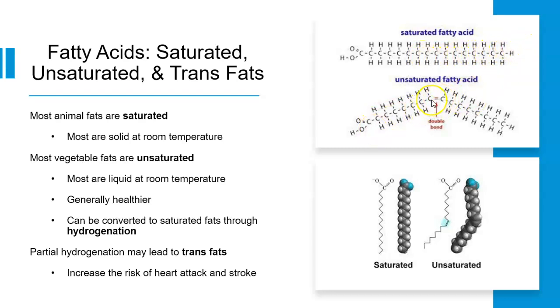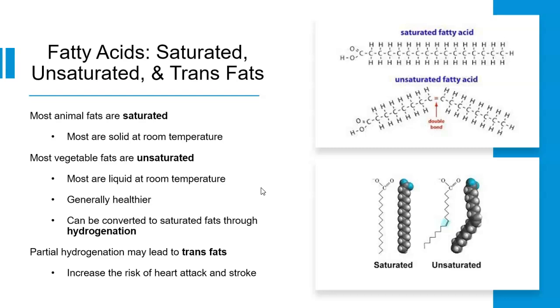Instead, it's going to put a little bit of a kink in the chain, and therefore your unsaturated fats can't pile up. So if you think about this saturated fat, if you had another saturated fat above it and one below it, you could just keep on and build a whole wall of saturated fats. It'd be a little bit more difficult to do if your chain is bent. You can't pile them up.